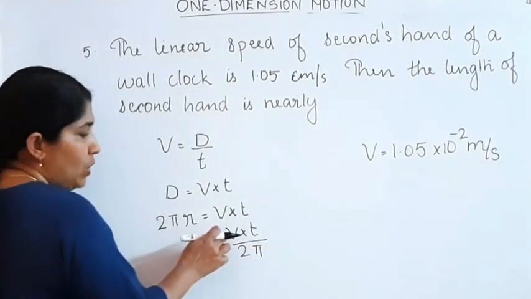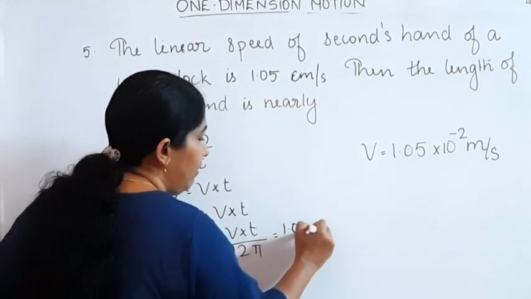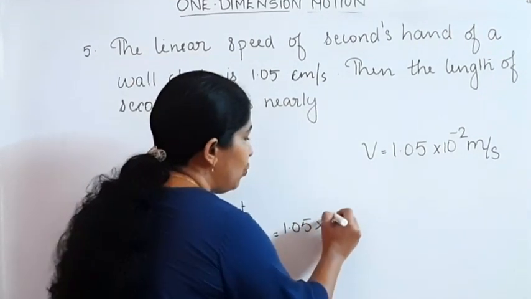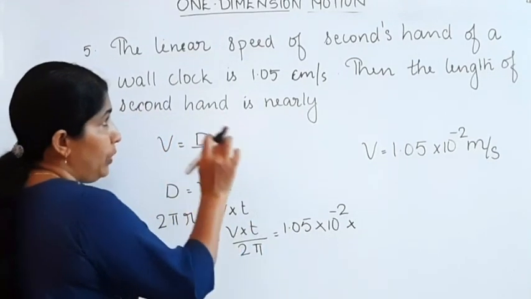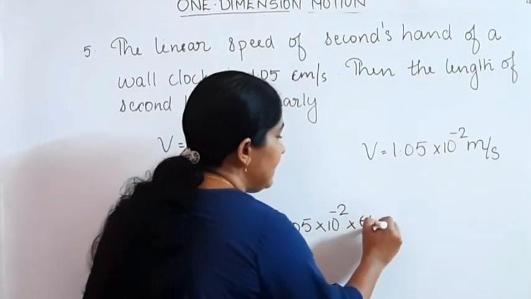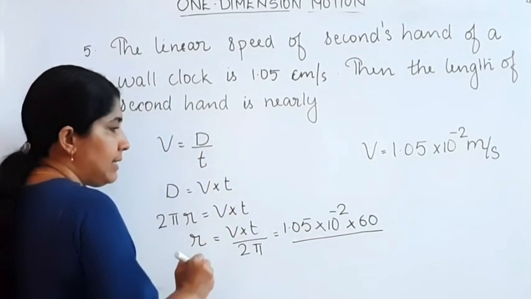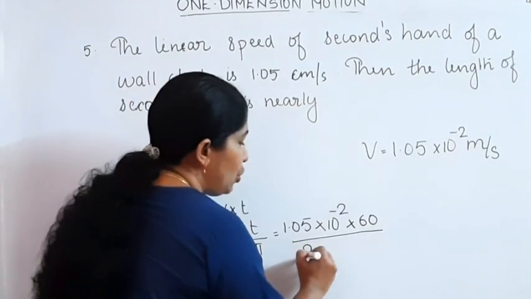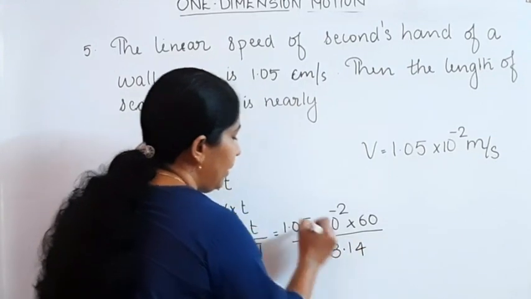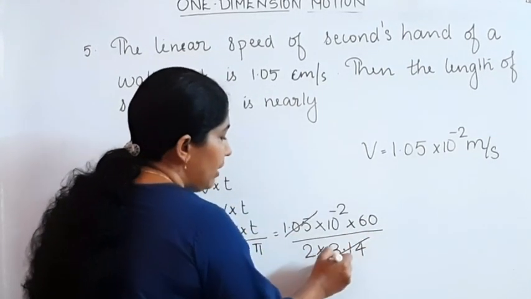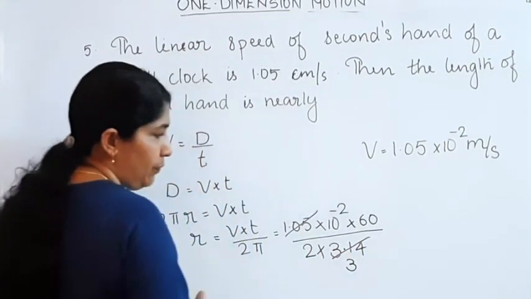Velocity is given: v is equal to 1.05 into 10 raised to minus 2, and time t is equal to 60 seconds, since one trip takes 60 seconds, divided by 2 into pi, which is 3.14. The 1.05 cancels with 3.14, approximately 3 times.